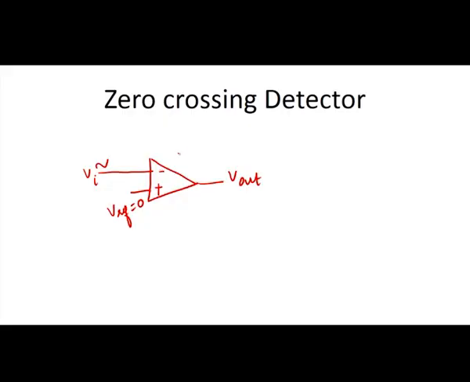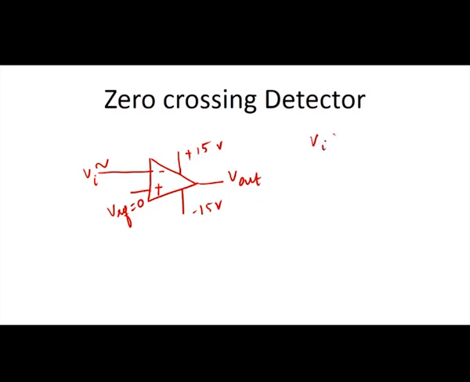In this case there is no feedback. Here the supply voltage is given as plus 15 volts and minus 15 volts. This is the supply voltage given to the 7th and 4th pin of IC 741. And what is the output of this particular circuit? In a comparator, the signals at the negative terminal and the positive terminal are compared.